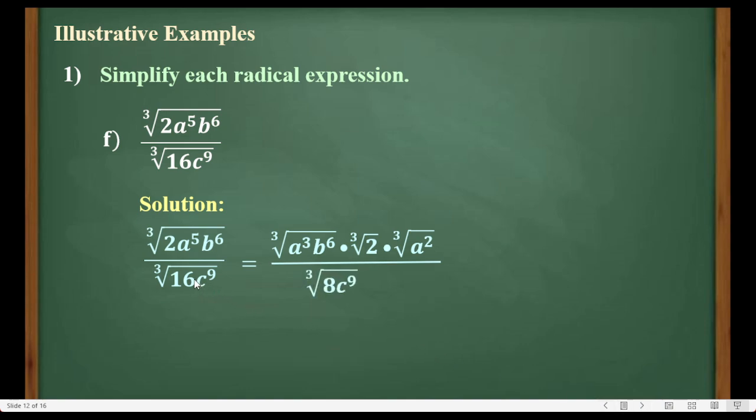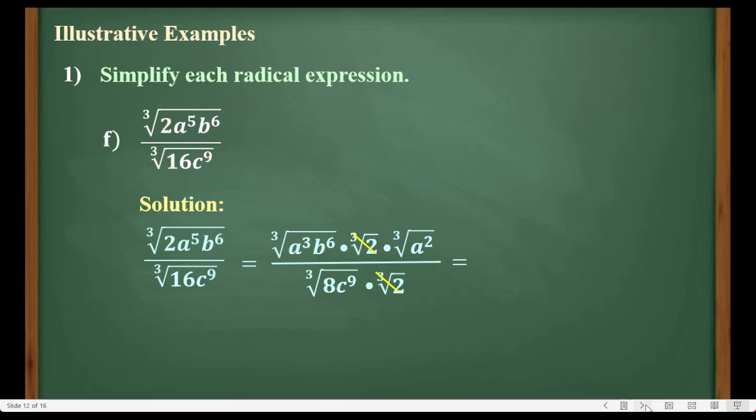Okay, we do the same thing. We extract the perfect cube factor from 16c to the 9. Now 16 has a perfect cube factor, which is 8, and c to the 9. So what is left from this radicand is 2. Okay, so multiplied by cube root of 2. And at this point, you will notice that cube root of 2 is common, so we could cancel them out from the numerator and denominator.